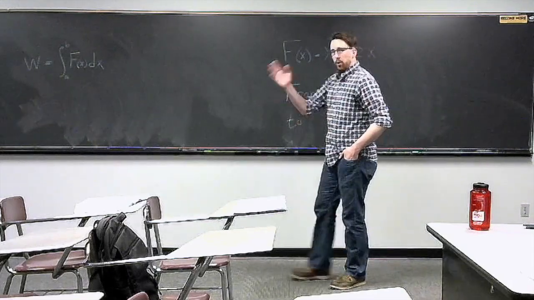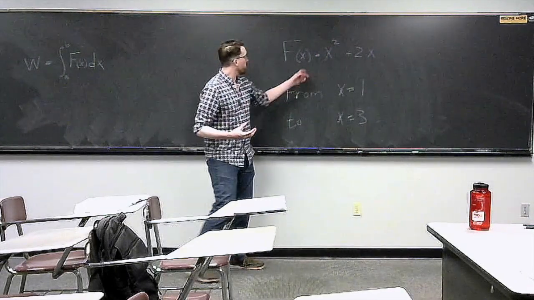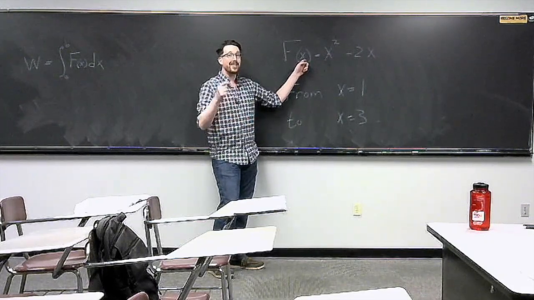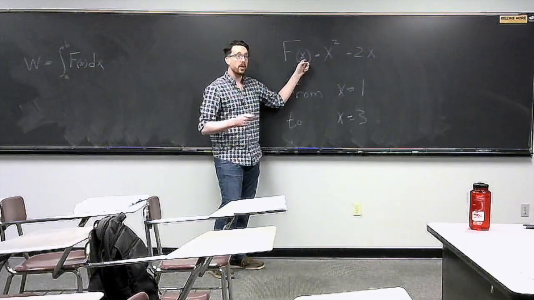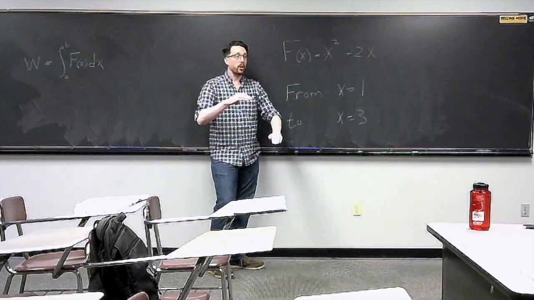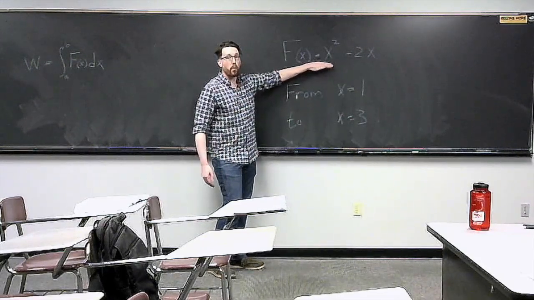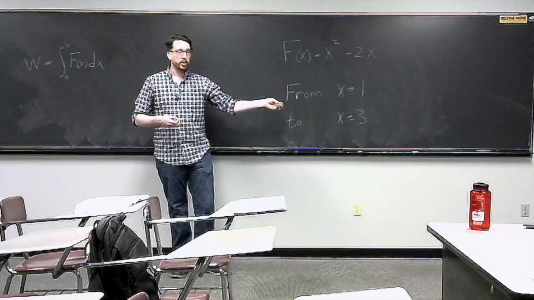Well, unlike the previous case, we're now measuring our force with respect to distance from the origin. We're no longer measuring it from its initial resting position to where it goes. Now we're saying the force is a function of distance from the origin.